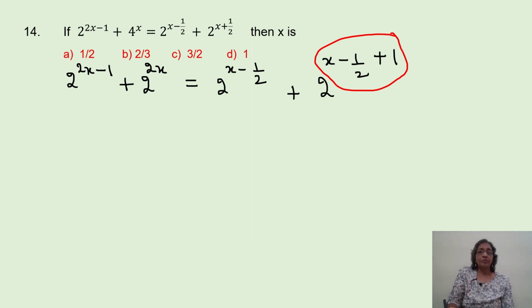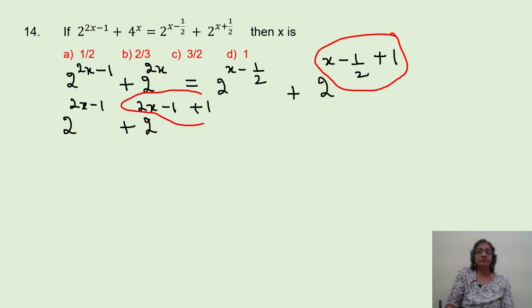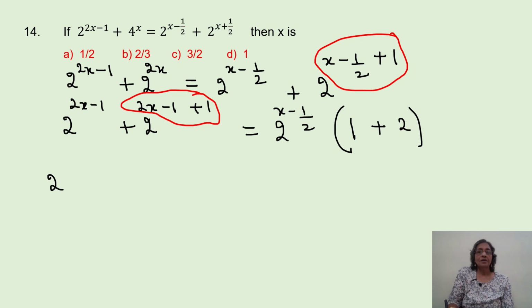In the next step, 2 raised to 2x minus 1. For this, I'm going to write 2 raised to 2x minus 1 plus 1. That is over here that I have split up. And here, I'm going to take 2 raised to x minus half common, and I'll be left with 1 plus 2. Here, I'm going to take 2 raised to 2x minus 1 common, and I'll be left with 1 plus 2.